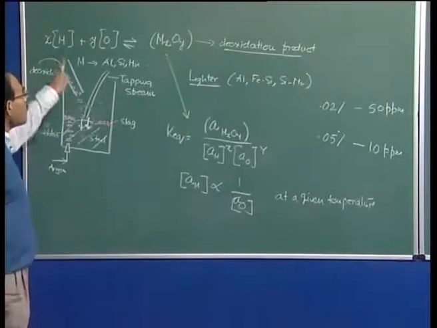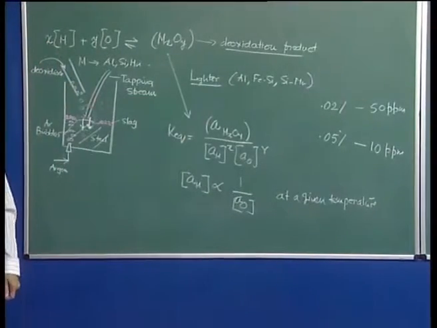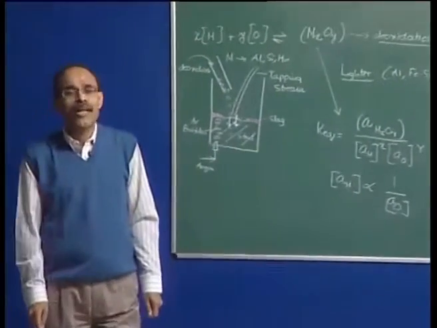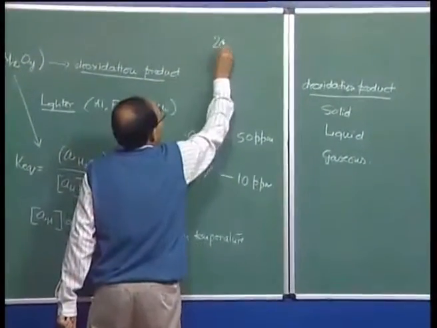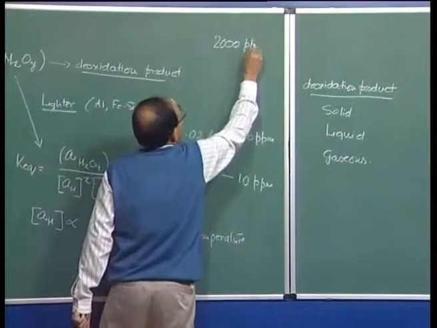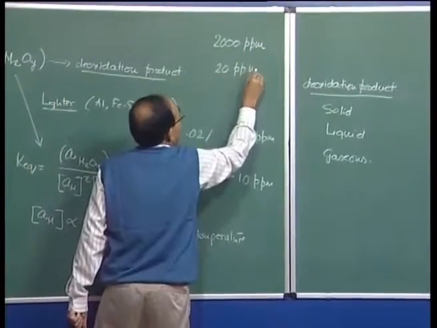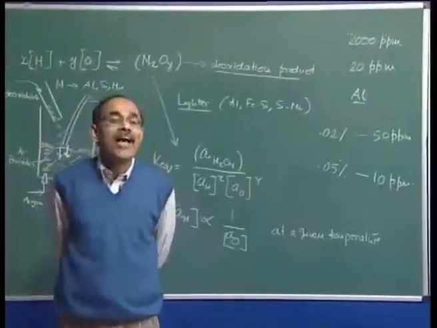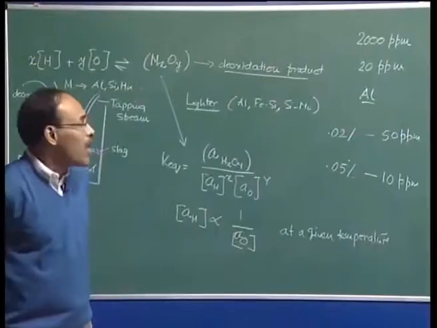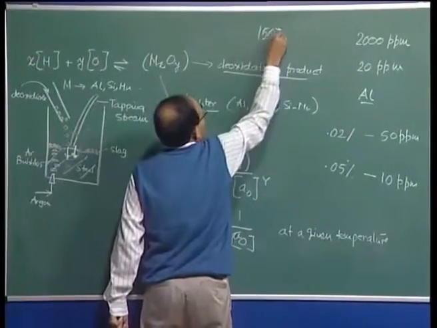Now the amount of deoxidizer required in a steel melt shop is very important information. Say I started, for example, with 2000 ppm of oxygen in the bath. Now I want to get to 20 ppm of oxygen. I want to add aluminium, and can you tell me how much aluminium I would be adding to the steel bath itself? I have a vessel size of 150 ton, for example, as the ladle size.